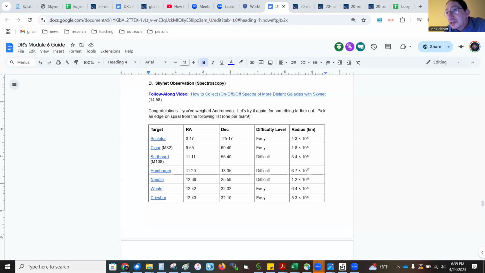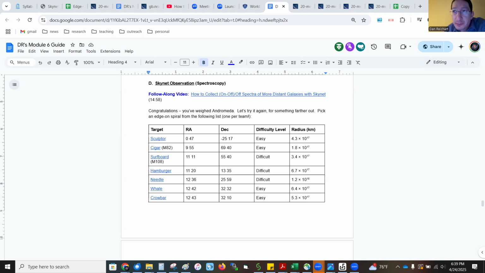It's so close that we can resolve it, even with our blurry single dish radio telescope. And so we decided to do Doppler imaging. Since we could resolve it, we made an image, but it was a Doppler image, so we can actually see its rotation in color, which is pretty cool. And then we did some calculations and learned a few things about Andromeda.